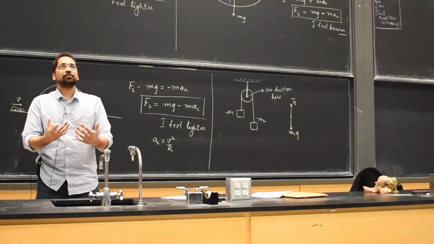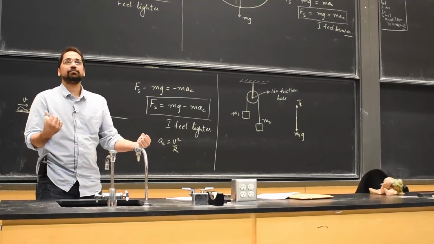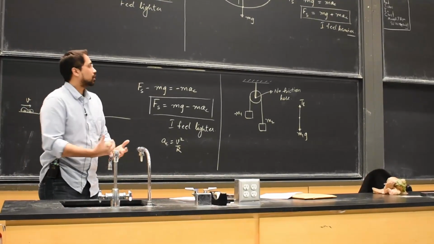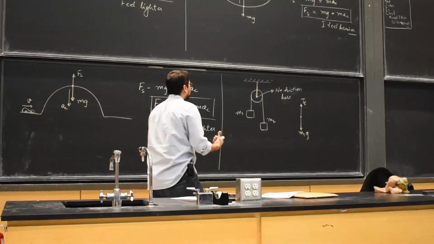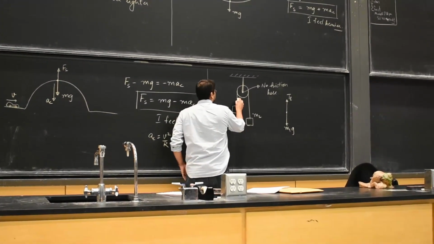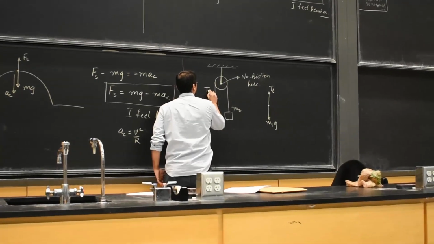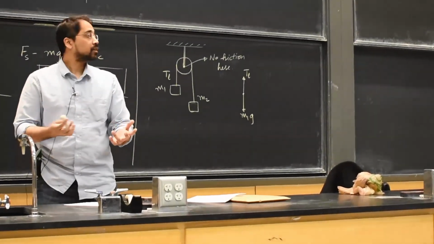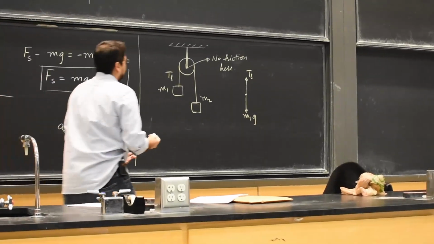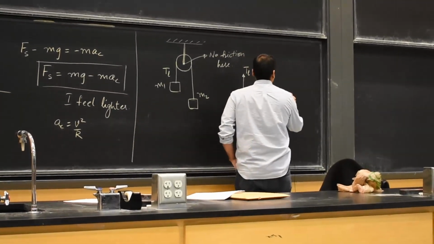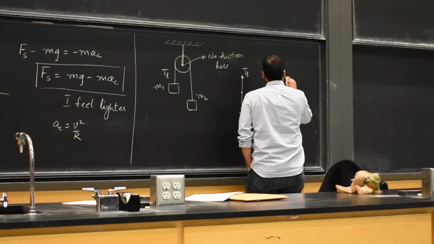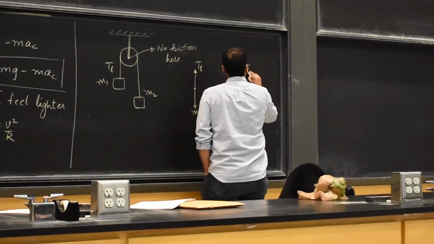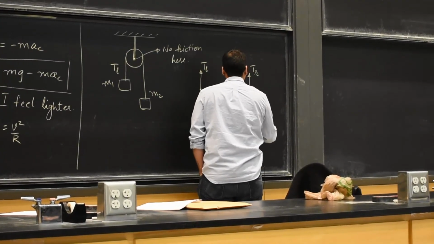It's the nature of a string to resist any changes in its shape when you apply a force. So assume this side of the string has tension TL, L for left. And the other side of the string has a tension TR.